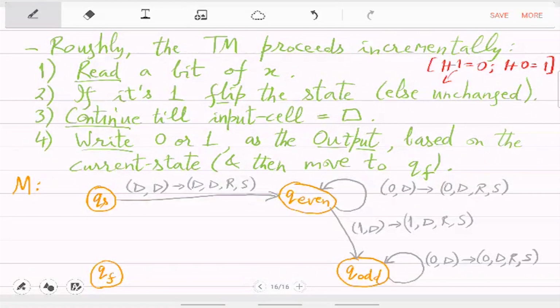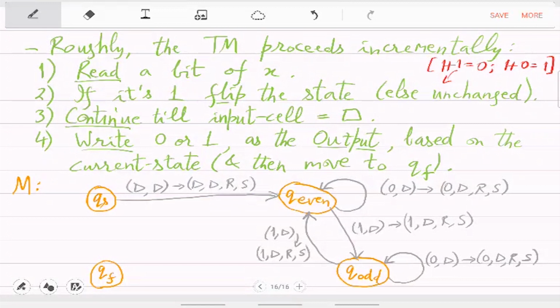And yeah, the reverse: if you see a 1, then from odd you go to even. So this is kind of the loop, even to odd, odd to even, even to odd. Whenever you see 1, if you keep seeing 1, you keep moving in this loop.